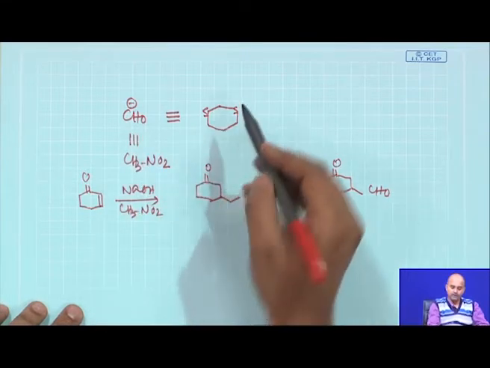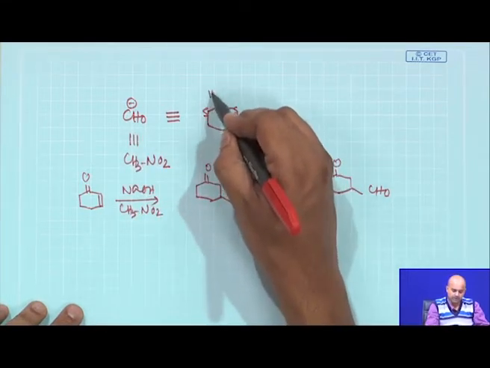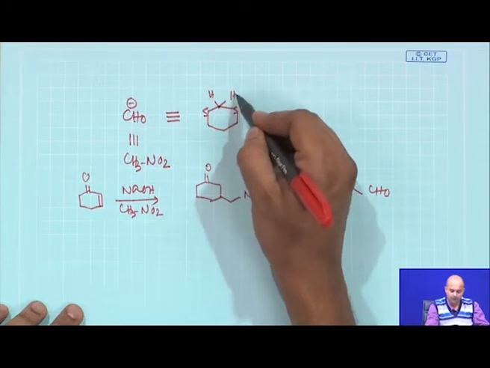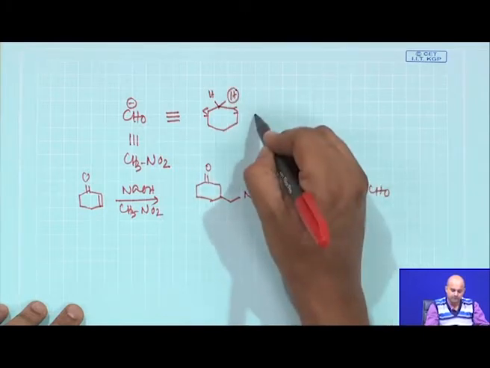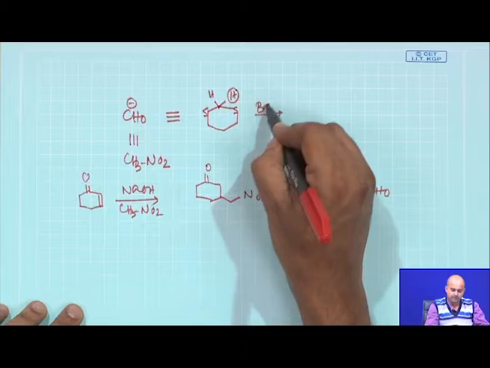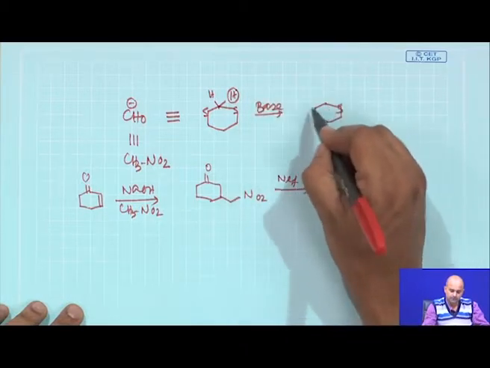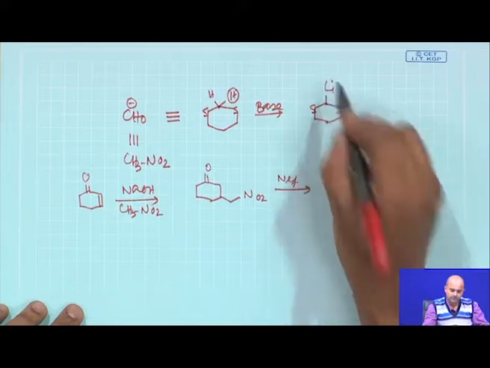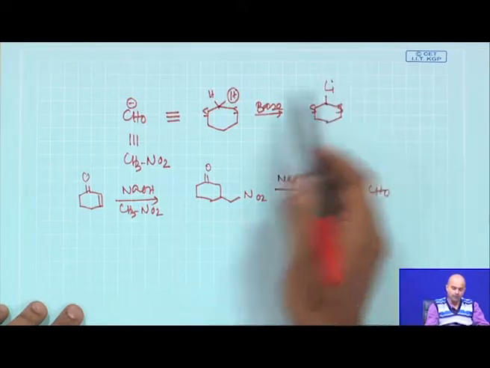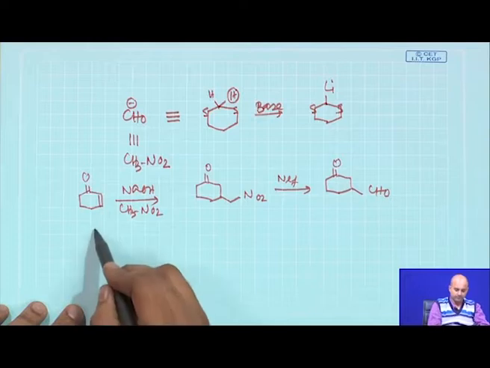In the same way, you can pick up both of these acidic hydrogens, or one of the acidic hydrogens, and replace it with a lithium species. Now, this lithium species can undergo a 1,4 attack here.